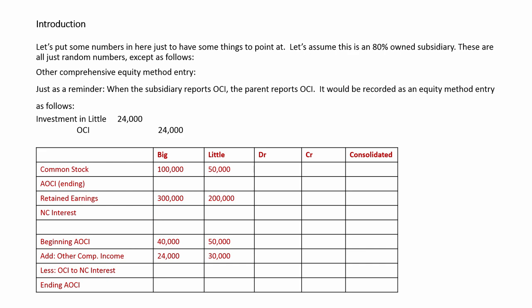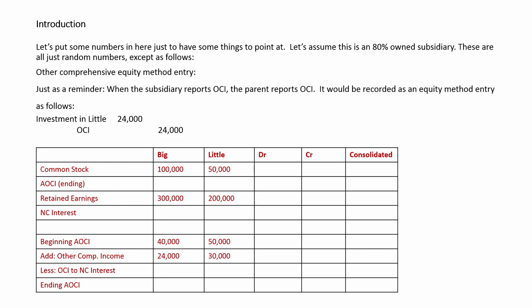This is analogous to how the parent reports their share of the regular income. When the subsidiary reports their normal earnings, the parent debits investment in Little and credits investment income for their share of the ordinary earnings. Now we're doing the same thing for the other comprehensive income.